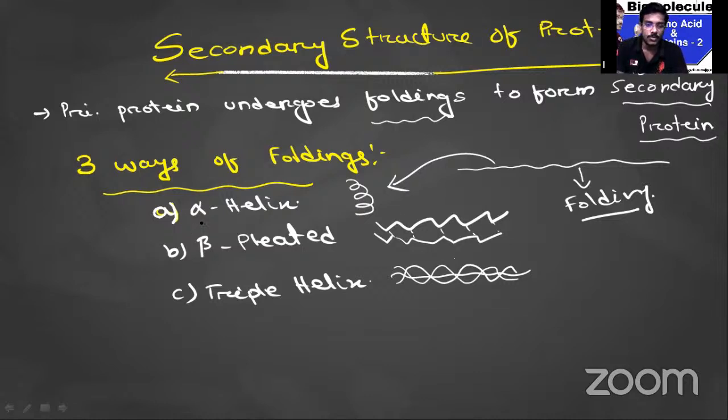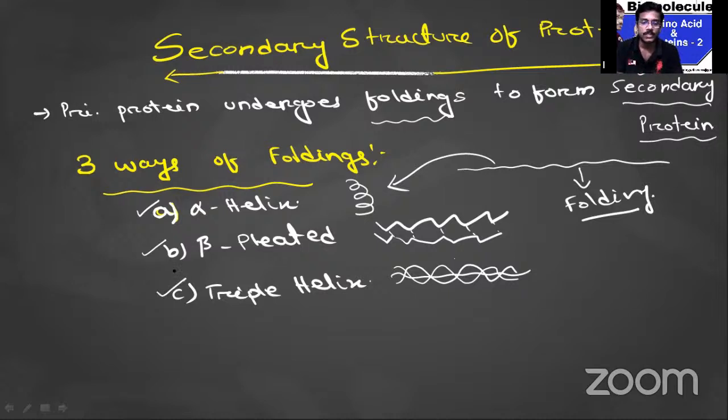Sometimes we can see some of the foldings, and this folding may occur in three different ways. The primary structure of the protein undergoes the folding process in three different ways. One way is the alpha helix, another one is the beta pleated, and another one is the triple helix.